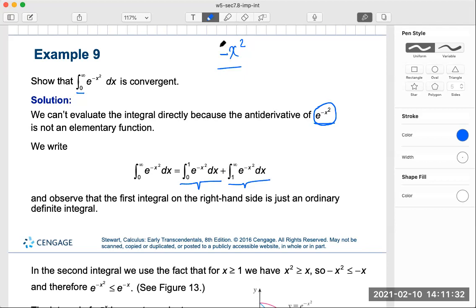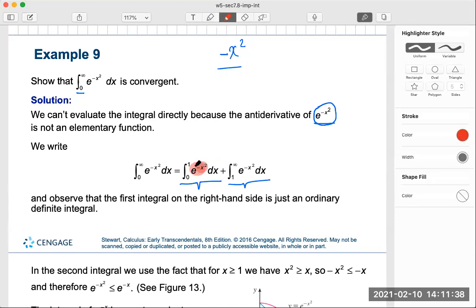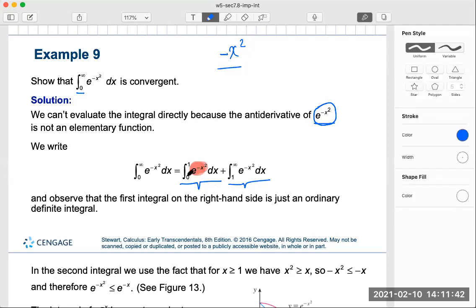This guy is an elementary function, therefore it is integrable. And this one, we don't know what the antiderivative is, but you will know it when you take Calc 3 later. But for now, just accept this.